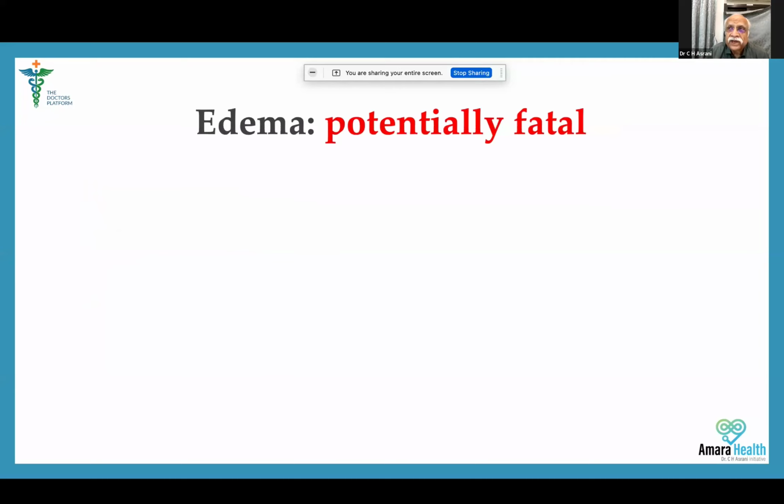Which edema is potentially fatal? Puffiness of the face in a child. A child with fever, even mild, but puffiness of the face. You have to ask the parents, is the child always like this?